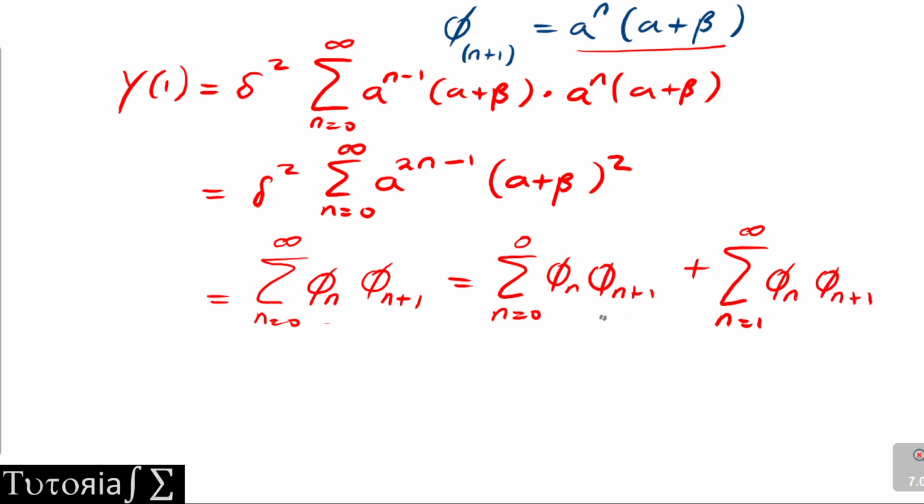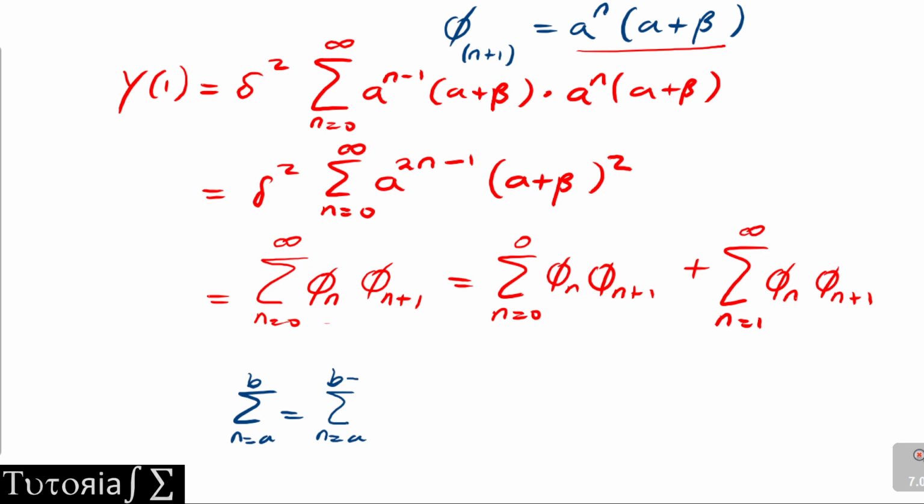But here, what we've done is basically using the sum property. That is a summation of, let's say, from n equals a to b. This is basically equal to the sum from n equals a to, let's say, c.